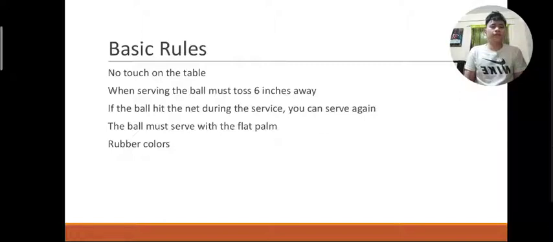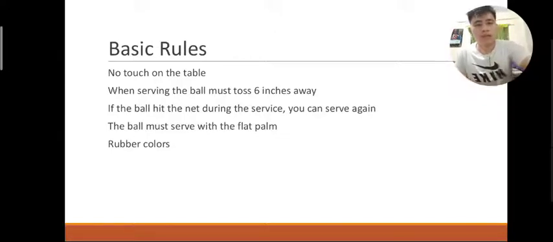So let's head on to the basic rules of table tennis. The first rule is no touching the table, because when they touch the table, they will lose points.